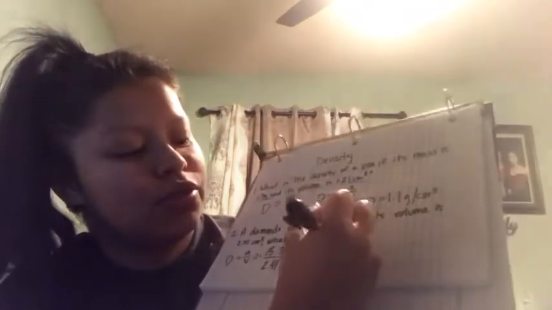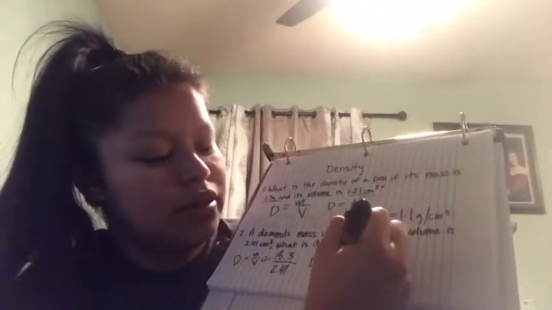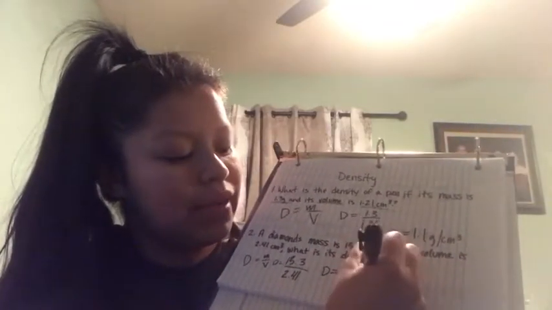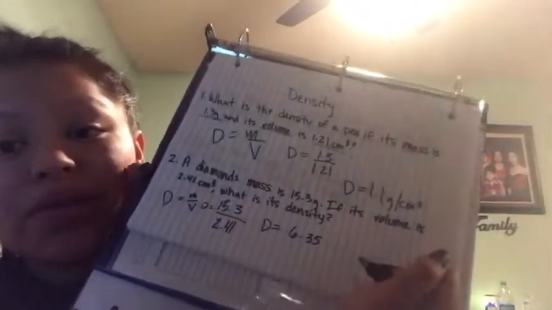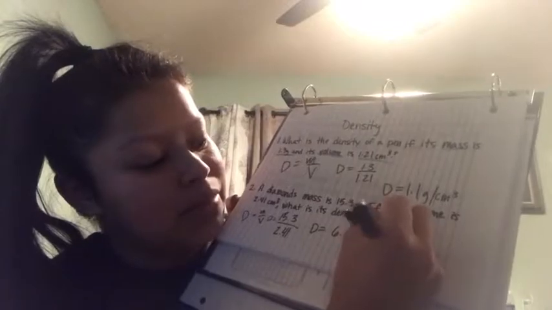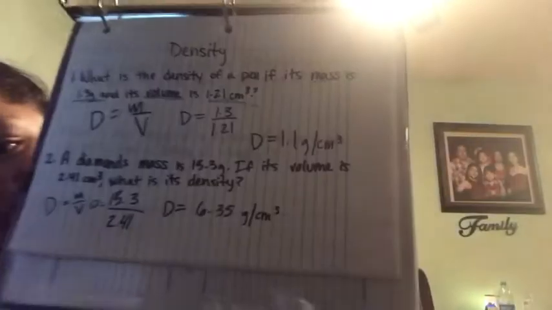Let's divide that. 15.3 divided by 2.41, and we get 6.348. We will round that and put 6.35. And remember that we have to also label it, so it would be grams divided by centimeters cubed, like that.